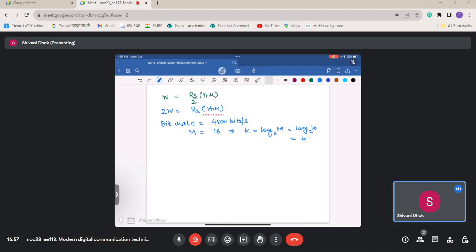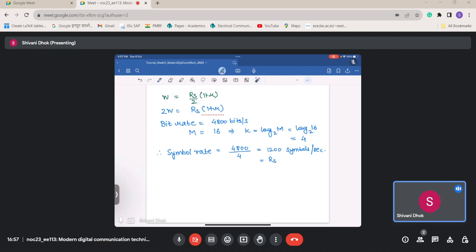And therefore your symbol rate is your bit rate, 4800 upon 4, which comes out to be 1200 symbols per second.